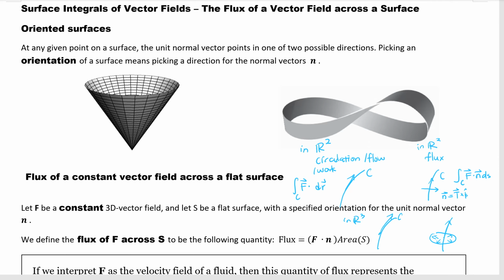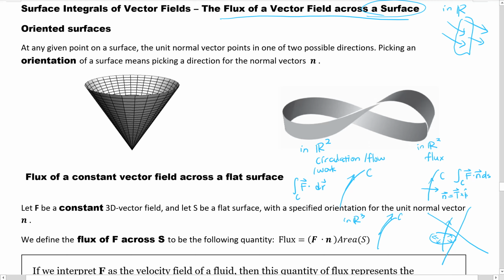You can say going across a curve in space is not defined. So in R3, when we talk about flux, we're talking about the vector field going across a surface instead of a curve. Going across a surface, then this is defined.